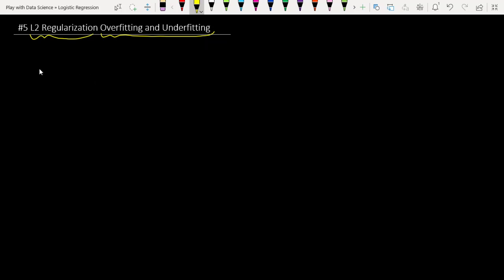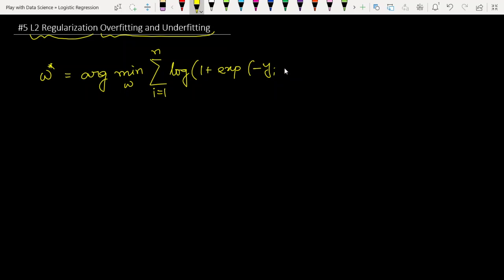So what we get from our previous lectures? We get that our optimal W, which we call W star, is equal to arg min over W of the sum for i from 1 to n, where n is the number of training data points, of log of 1 plus exponential of minus yi W transpose xi.